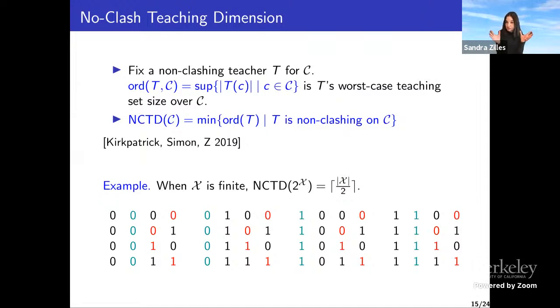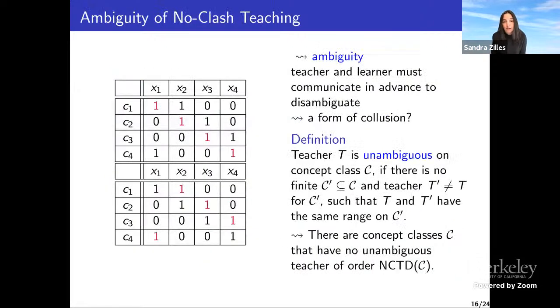And therefore, the no clash teaching dimension is exactly the best possible worst case teaching complexity that you can have in Goldman and Mathias's collusion freeness notion. As an example, when you have a finite instance space X, the no clash teaching dimension of the power set over X is half the size of X. I drew just a little example here for 4 instances, 16 concepts. We don't have to go into the details.